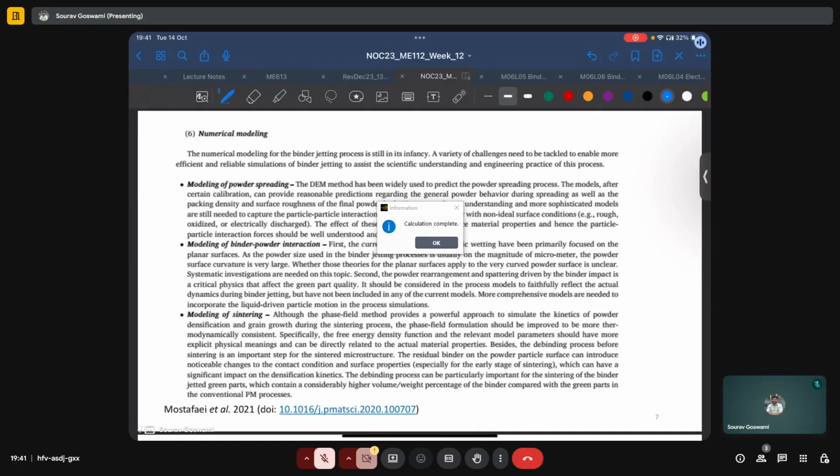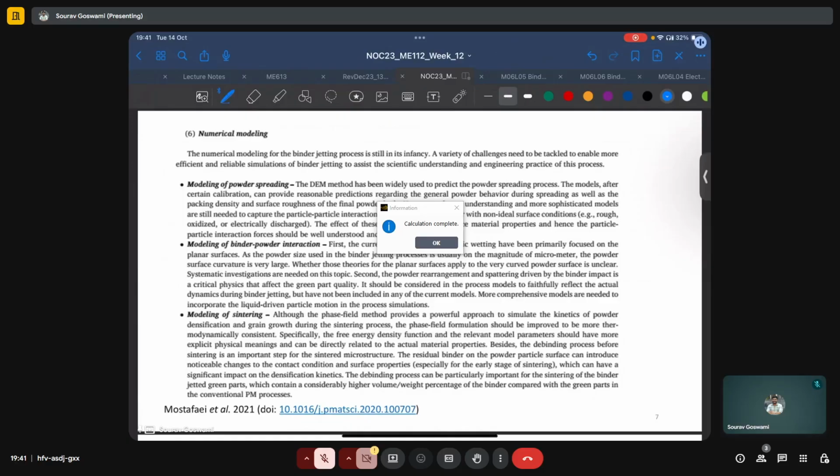However, the treatment of binder jetting is slightly different because here, rather than the application of a heat source and energy input to the system, the binder is interacting with the powder material and leading not to fusion but to printing of the parts. So it's important to look into the numerical modeling aspects for binder jetting or similar processes.